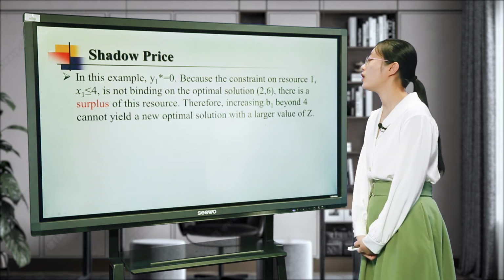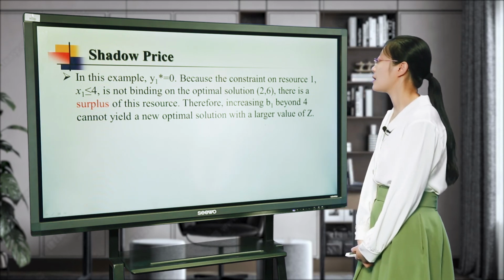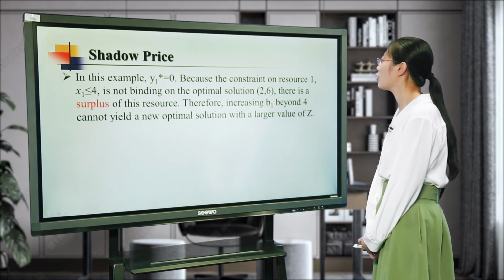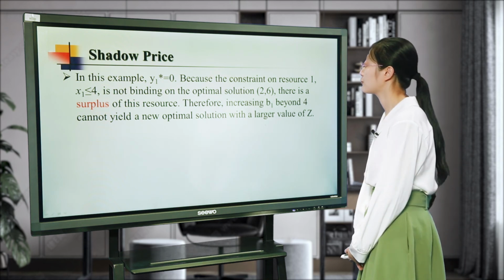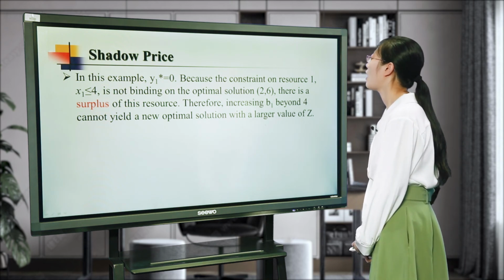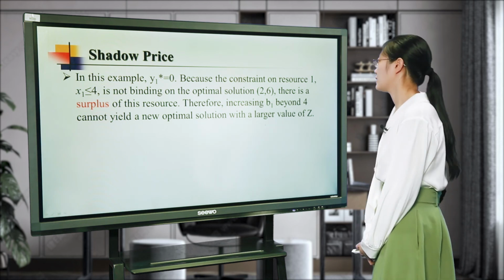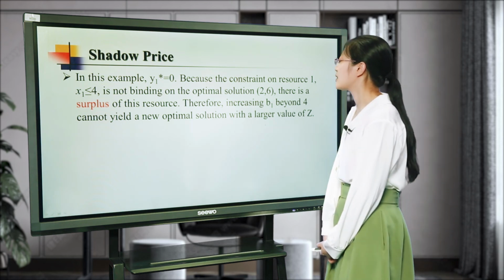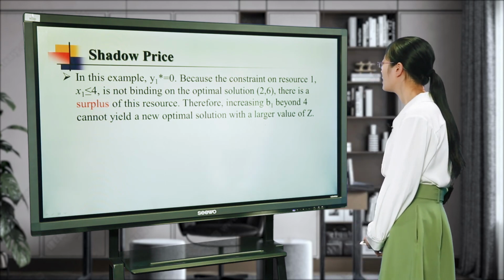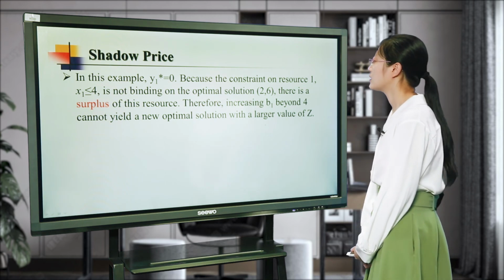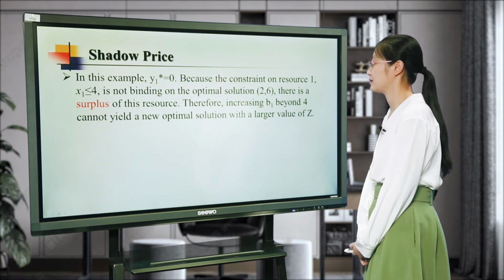Okay, so what does the shadow price tell us? We say in this example, y1 equals 0 because the constraint on resource 1, x1 less than or equal to 4, is not binding on the optimal solution (2, 6). It is not an equation. There is a surplus of this resource. Therefore, increasing b1 beyond 4 cannot yield a new optimal solution with a larger value of z.